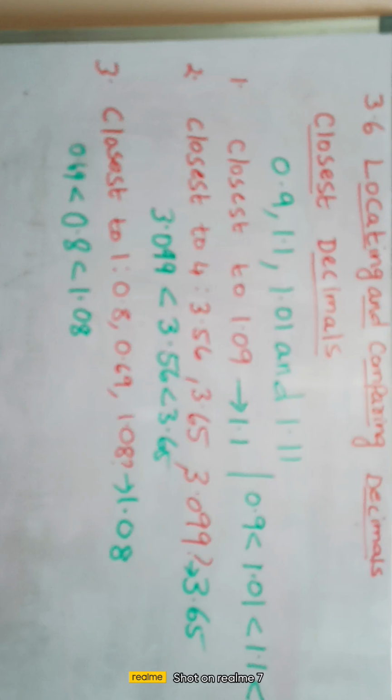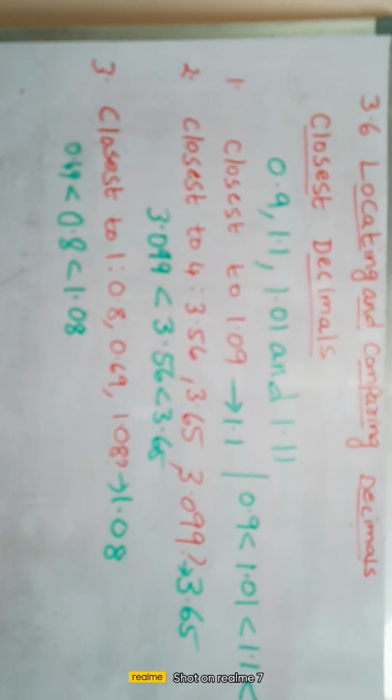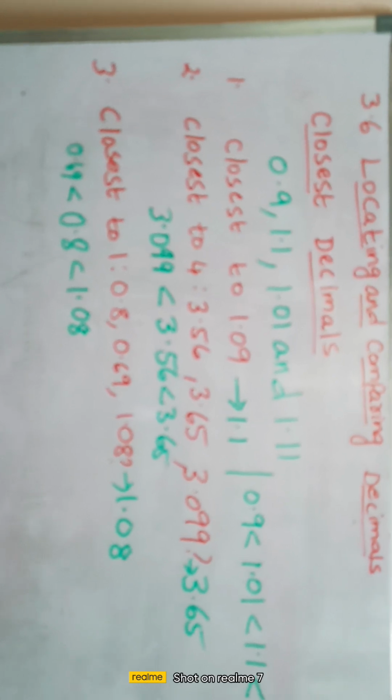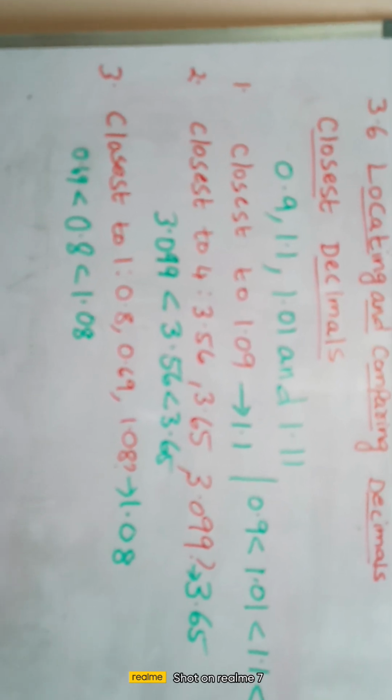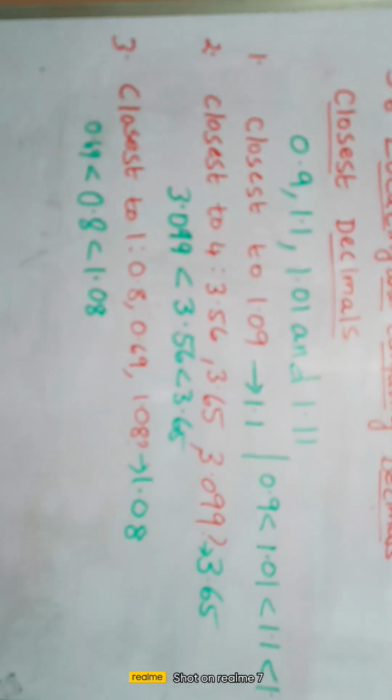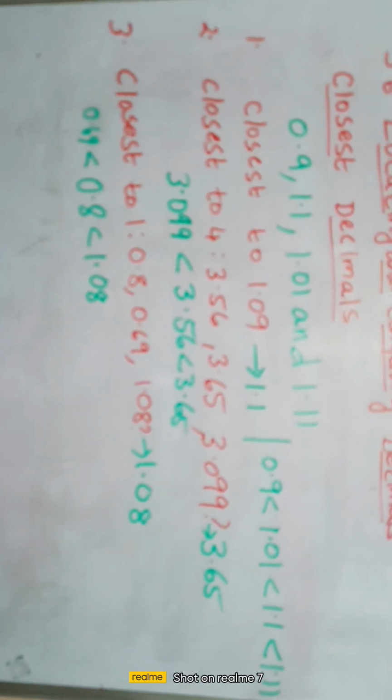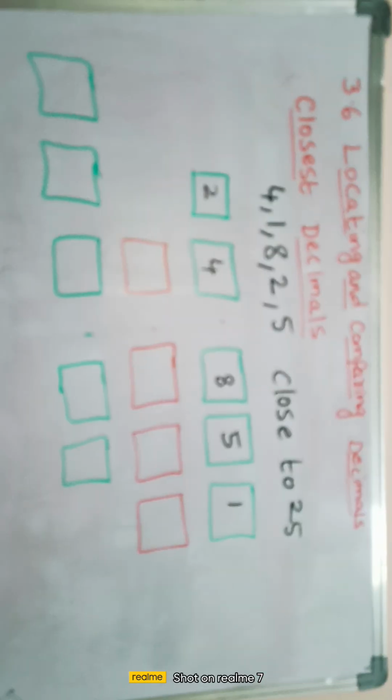So it is nearer to 1, and 0.8 and 0.9 are further away. So 1.08 is considered the closest to 1.